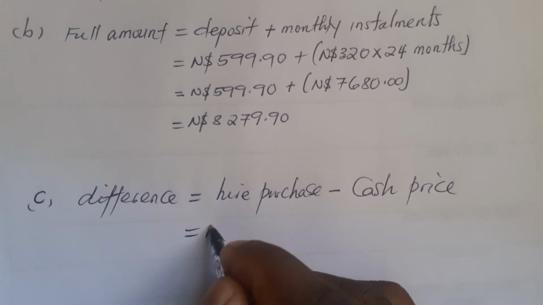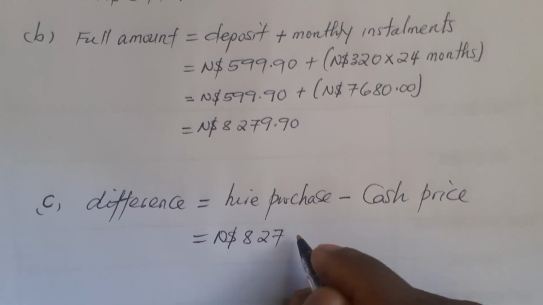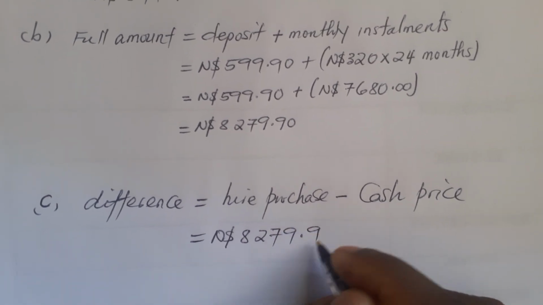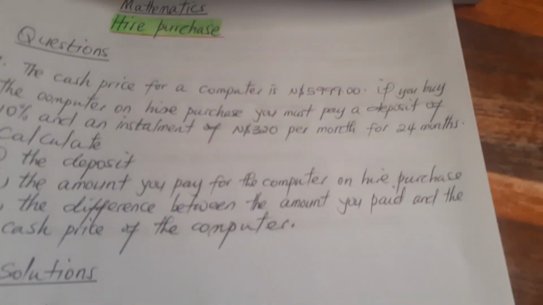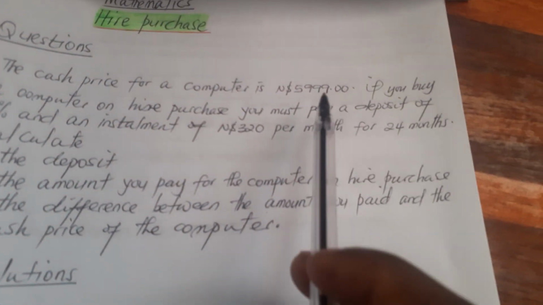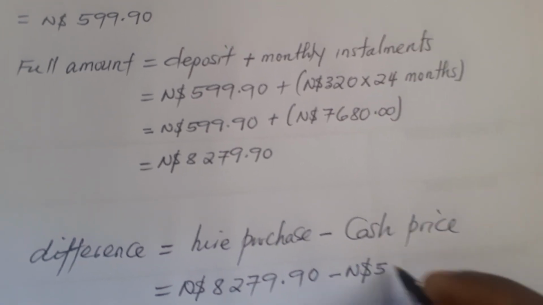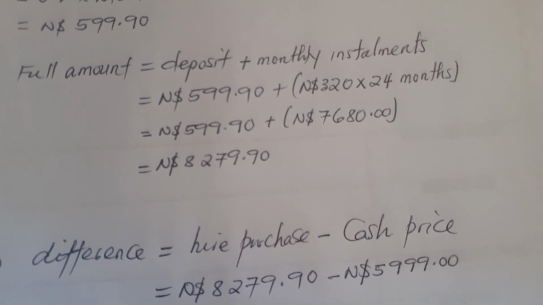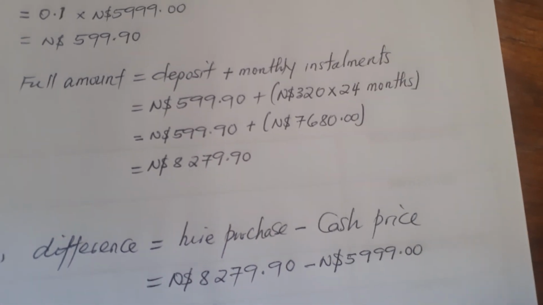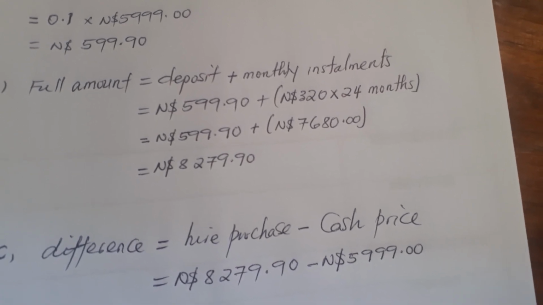Now the hire purchase we have found to be 8,279 Namibia dollar 90 cent minus the cash price, which is 5,999 Namibia dollar. You do your calculation there nicely. Don't need to rush, just do it nicely.